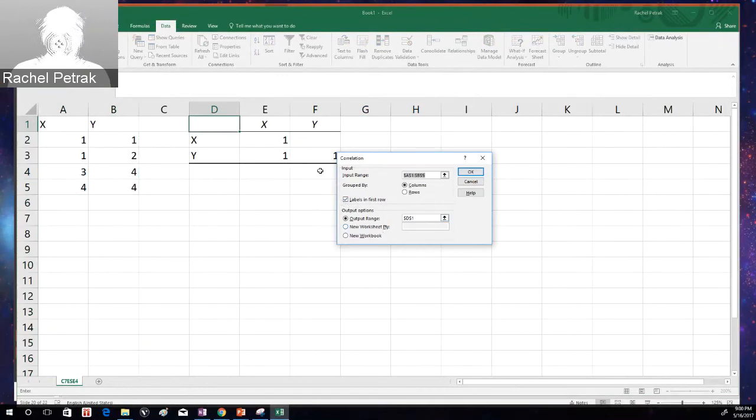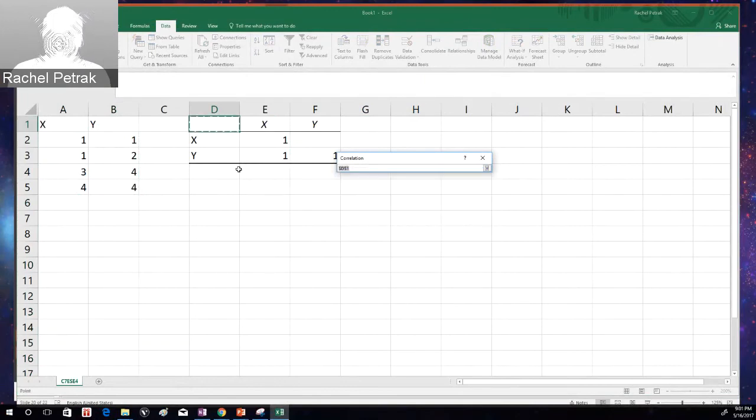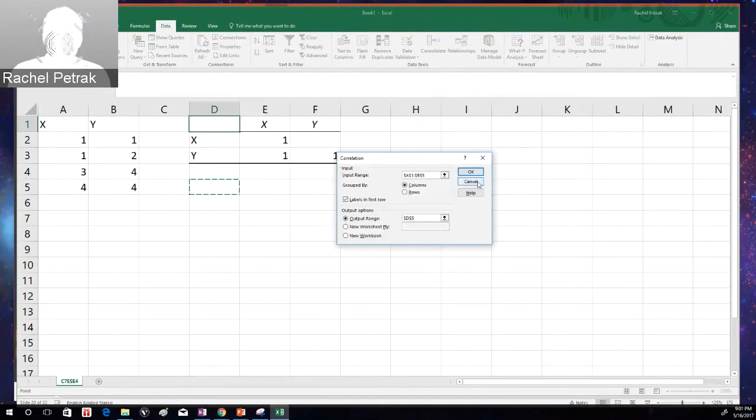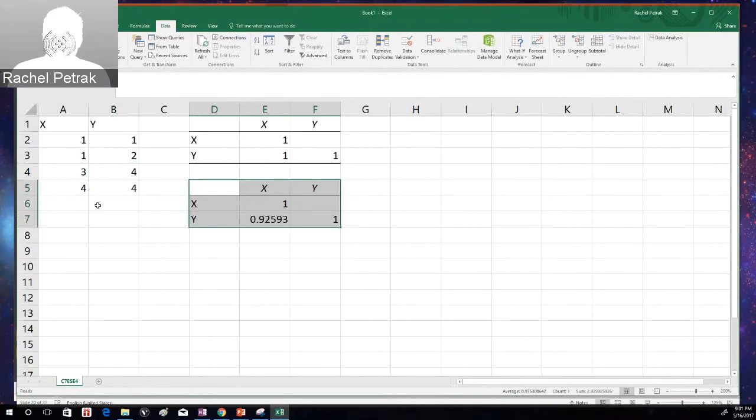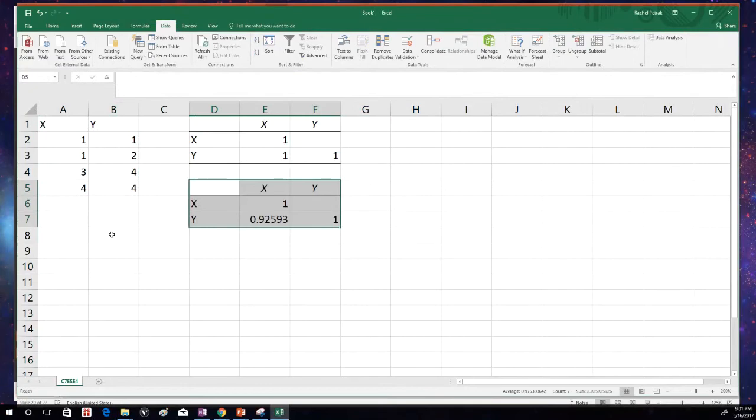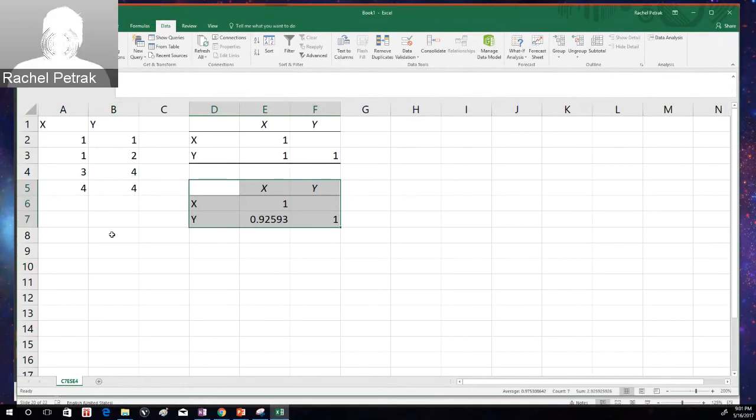So if I just want to overwrite this previous information, then I could just go ahead. Let's put it down below so that we can compare the two. So now you see that when I changed up these points, so it's not a perfect correlation, this helps guide us through the interpretation of this matrix that Excel spits out.